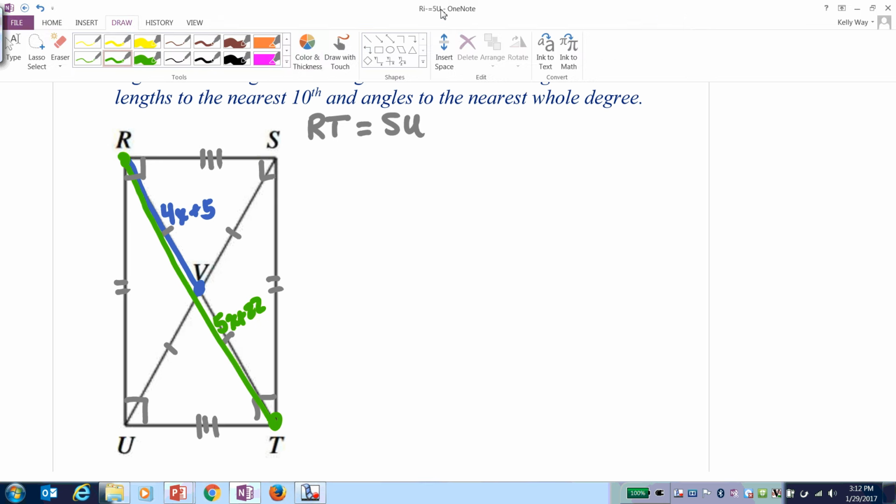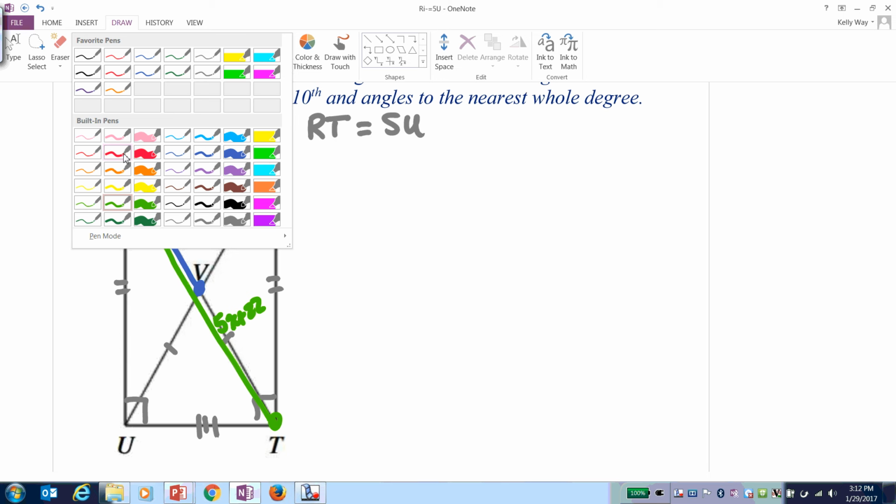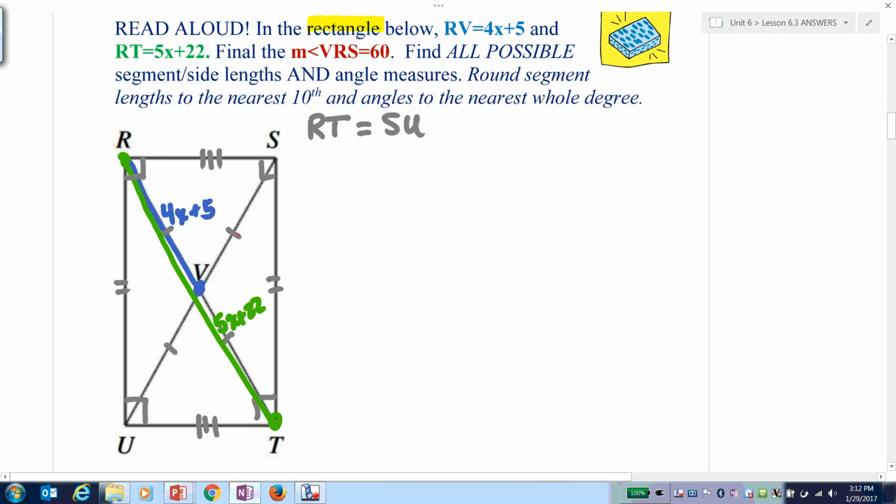And we know that the measure of angle VRS, start at V, go to R, and go to S, is 60 degrees. Your job is to find all possible segment lengths, side lengths, and angle measures.